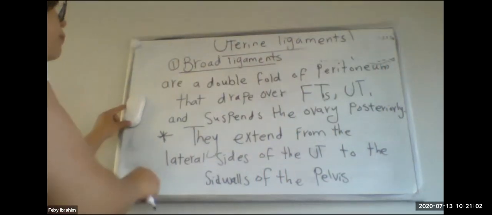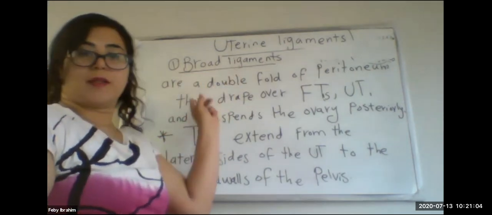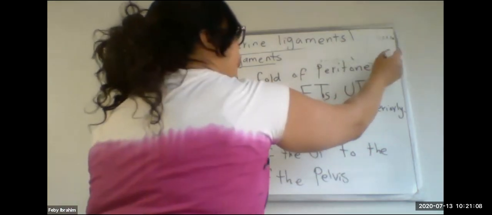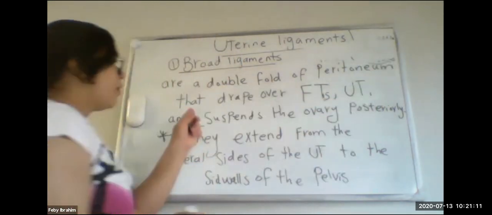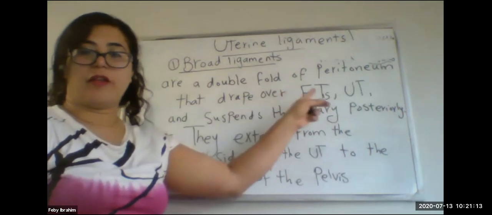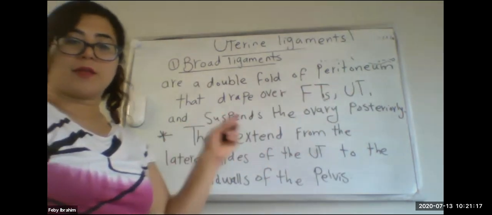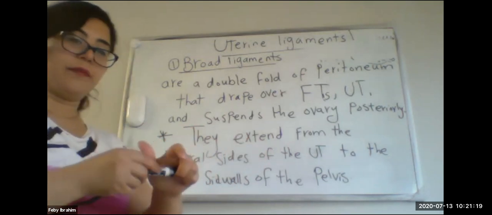broad ligaments. The broad ligament is a double fold of peritoneum that drapes over the fallopian tubes, the uterus, and suspends the ovary posteriorly.